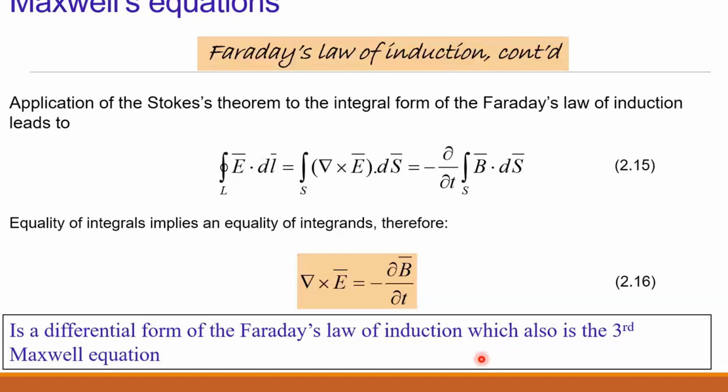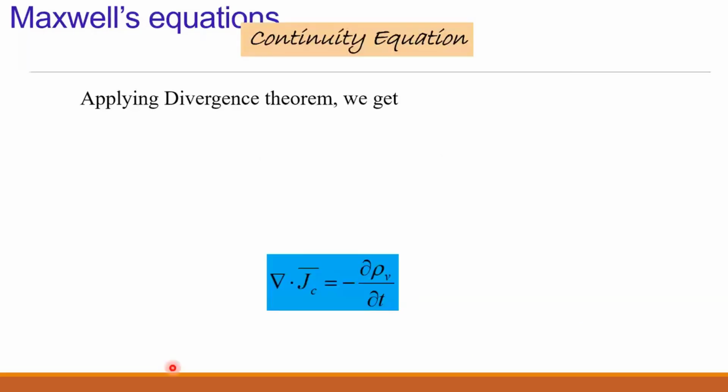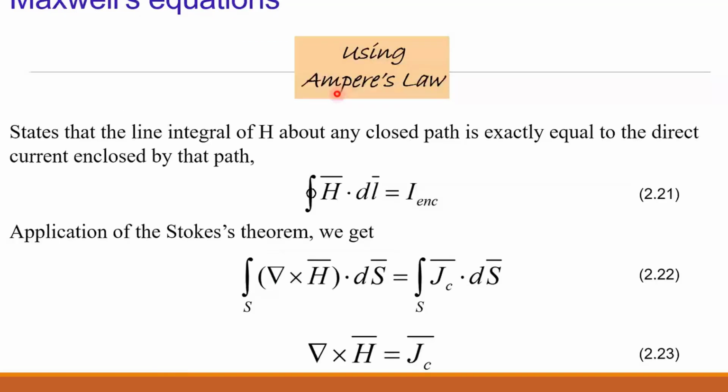We have completed the two Gauss laws and one Faraday law, and the fourth one is Ampere's law. So what are the changes for time varying fields? Let us see. What is Ampere's law? The line integral of H bar, where H is the magnetic field intensity, about any closed path is exactly equal to the direct current enclosed by that path.